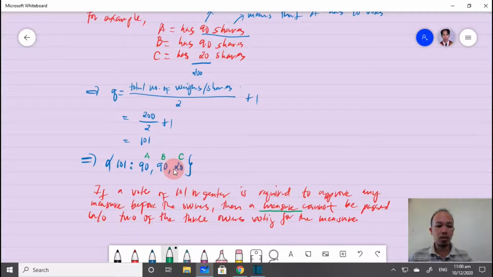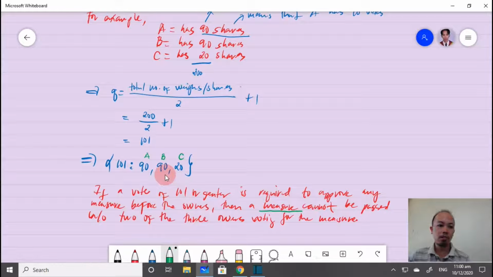Meaning to say, although C has only 20 shares, C has the same voting power as A and B. Imagine 20 shares versus 90 shares. If B and C are absent, then we cannot pass any measure.